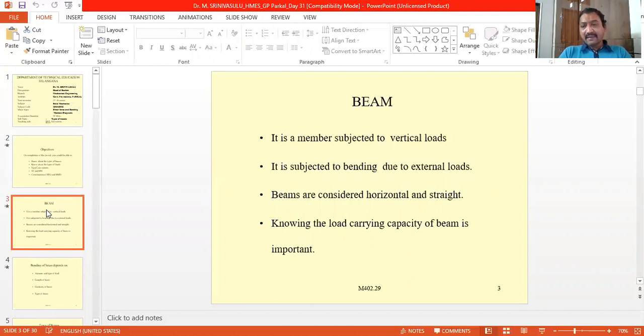It finds applications in the various fields in engineering. While constructing a building, a beam is constructed to support the load, to take up the load.